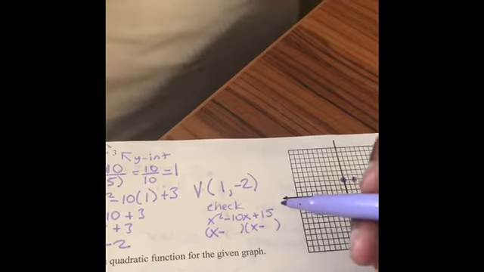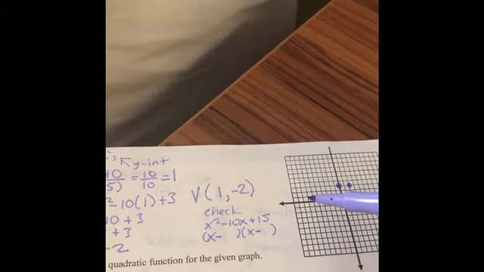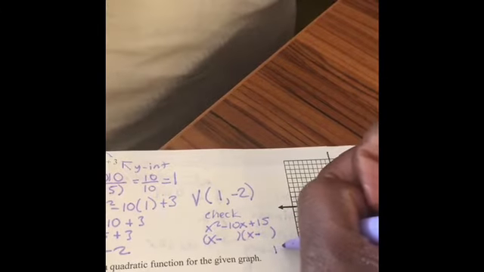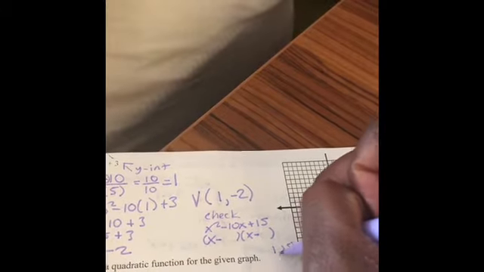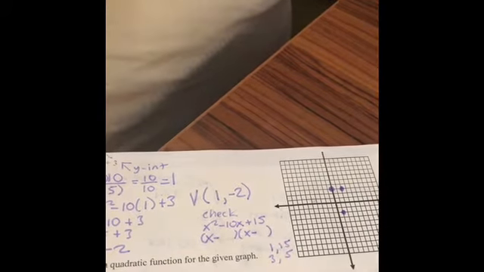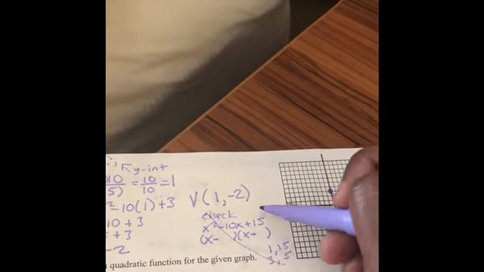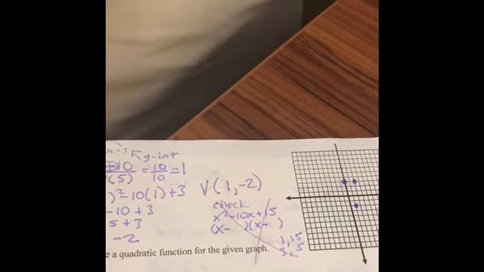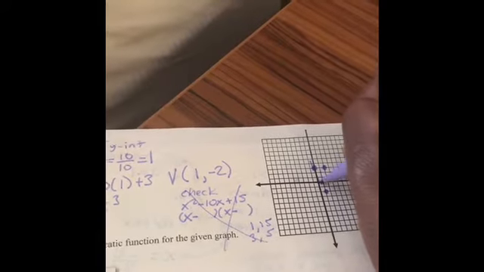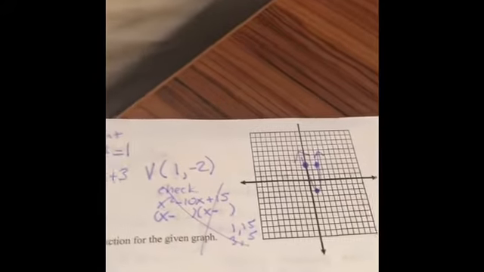Which factors of 15 can get us to 10? 1 times 15, 3 times 5. Oh, none of them. You're not going to be able to factor it that way. You have to use the quadratic formula, which we learn later on this week. So we're going to stop right there. We're not going to check by factoring. And there is our graph.